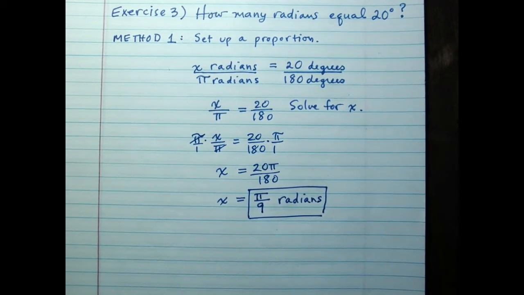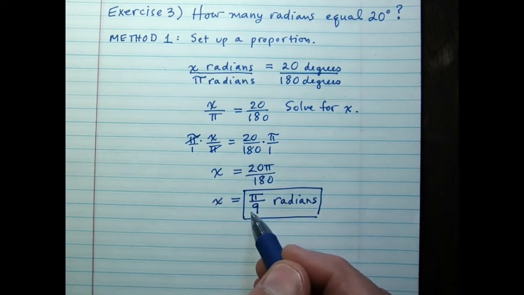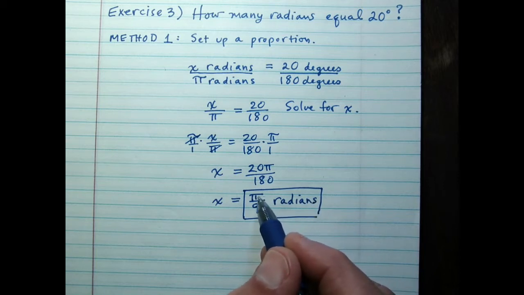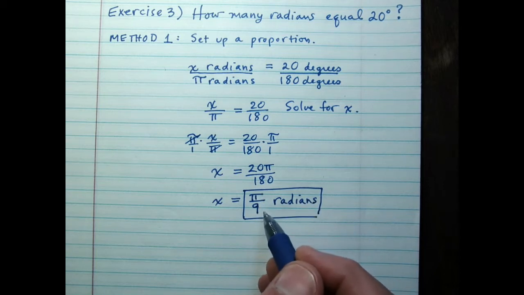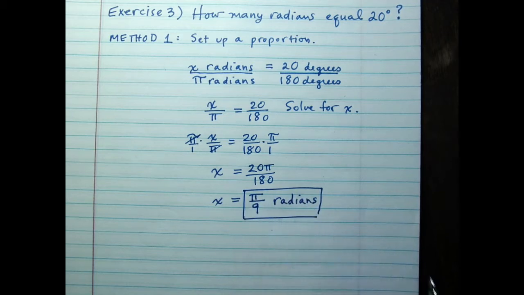Now we're going to see that pi symbol a lot in radian measure. And pi is just some number like 3.14, etc., right? In fact, this is not like a ninth of a radian. Pi is like 3. 3/9 is approximately a third. This is approximately 1/3 of a radian, really, because of that pi number.